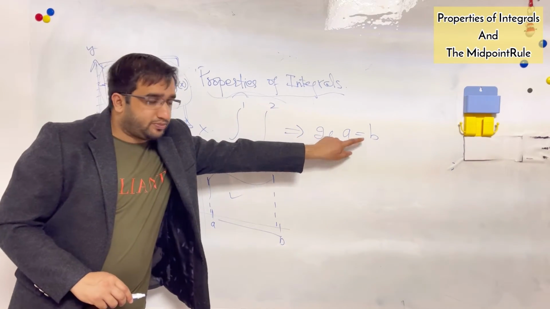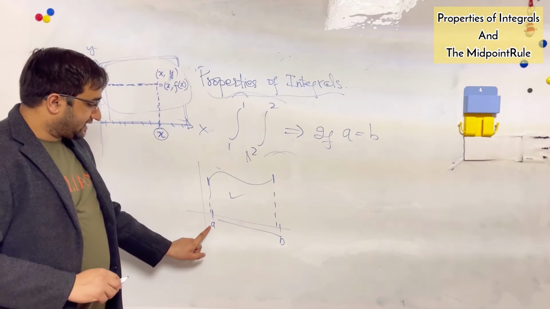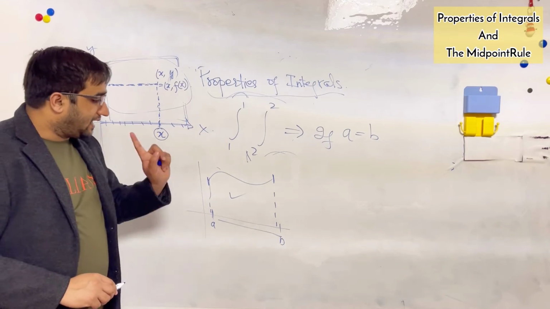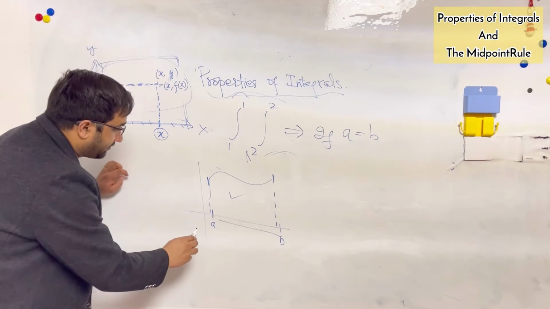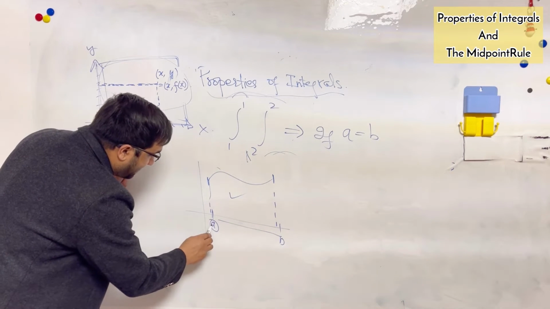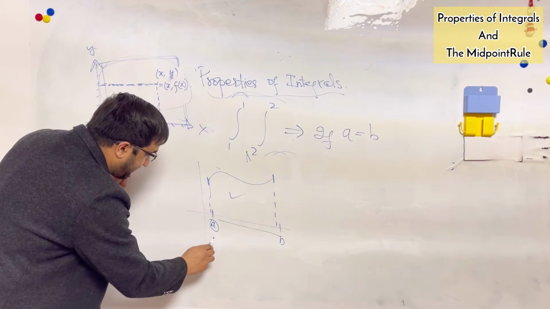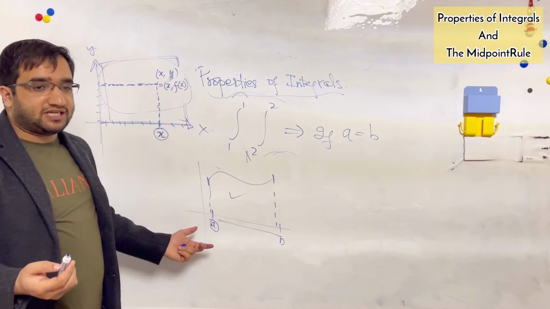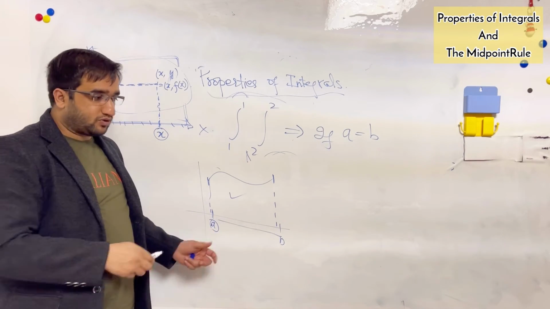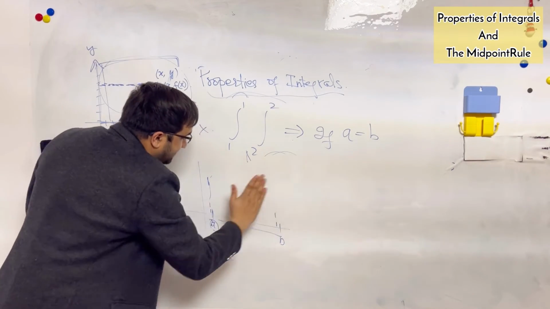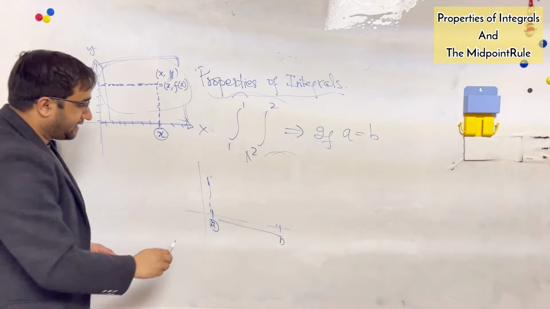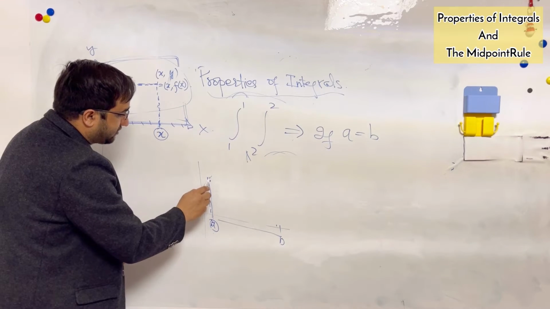If A is equal to B, it means either you are standing at A or you are standing at B, but you are not moving anywhere. So I am asking you to walk from A to A. What does this mean? It means I am still standing at A, not moving anywhere. So I didn't cover any distance along the curve. It means the curve is nowhere. This is just a dot.